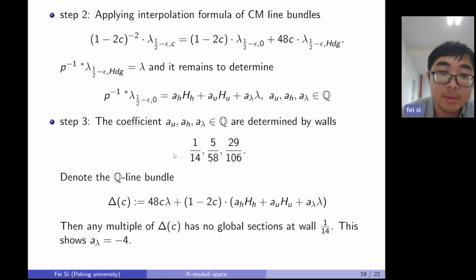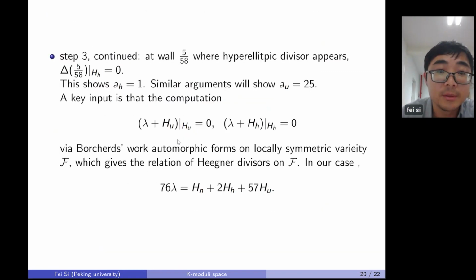So it remains to determine the remaining 2 coefficients. For the coefficient of hyperelliptic divisors, you just look at the wall crossing and the wall where the hyperelliptic divisor appears.